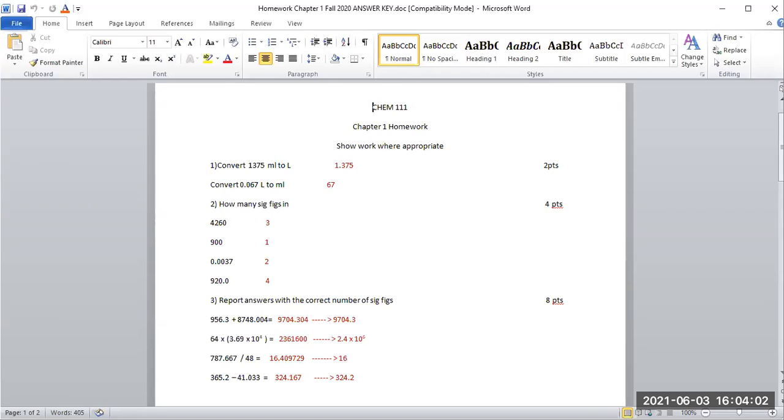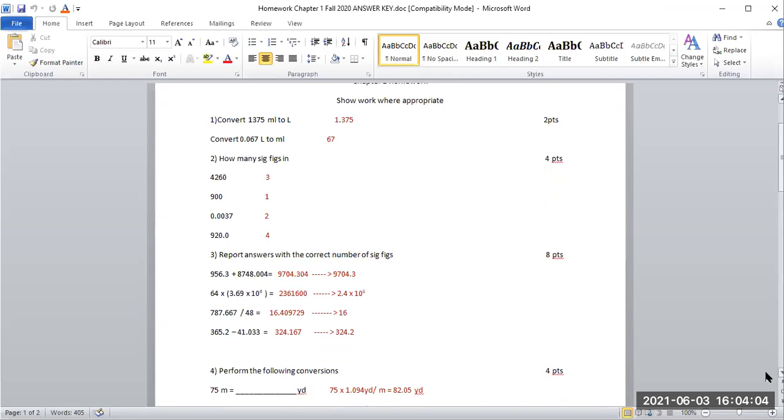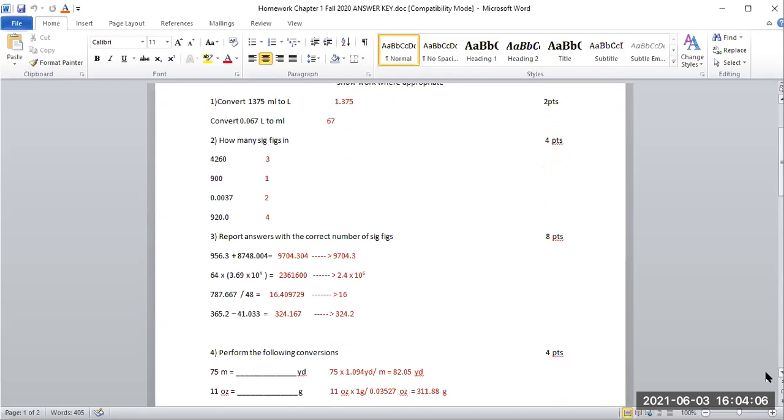The next segment just gives you 4 different numbers and asks you how many sig figs are present. You must make use of the sig fig rules in order to answer these questions correctly. Looking at the first one, you have 4,260.